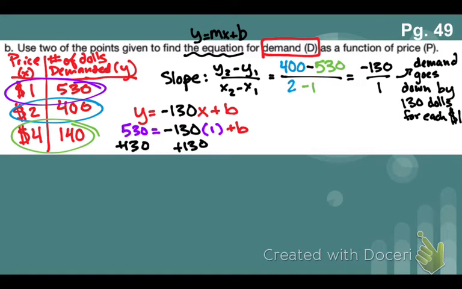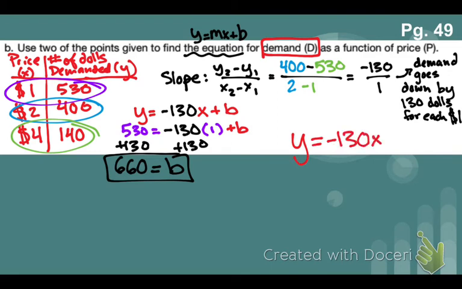What do we get for our B? 660 for our B. So what does that mean? When dolls are $0, the demand is 660. Exactly. So our demand equation is Y equals negative 130X plus 660.